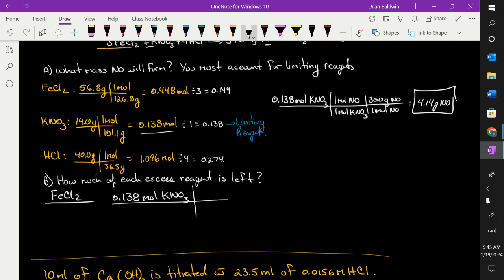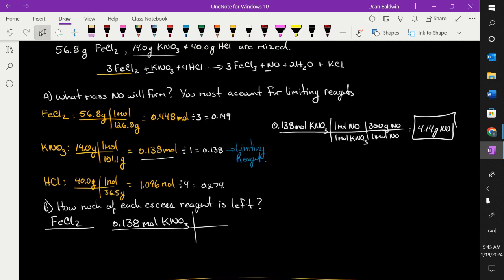What's the mole ratio of potassium nitrate to iron 2 chloride? In other words, what are the numbers in front of those chemicals? It's 1 to 3. So for every mole of potassium nitrate, we use 3 moles of iron 2 chloride. Does that make sense?